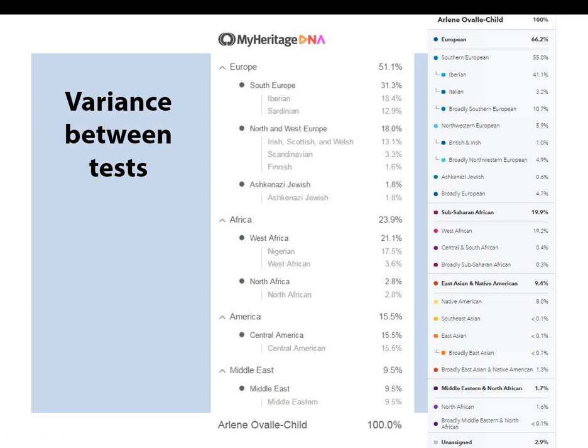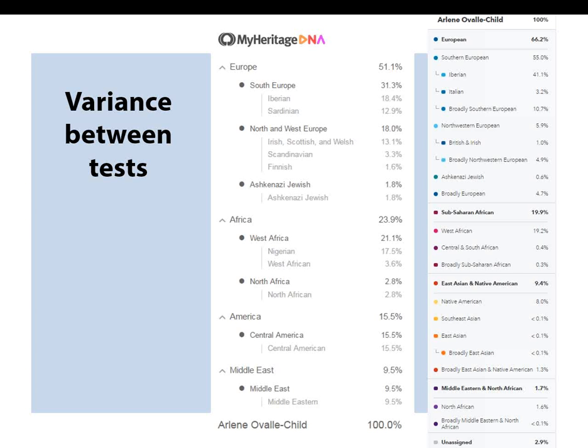Also, to show an example of multi-continental ancestry and the differences between companies, here are the results of my wife, whose parents are from the Dominican Republic. MyHeritage DNA has her at 51.1% European, 23.9% African, 15.5% Native American, and 9.5% Middle Eastern.